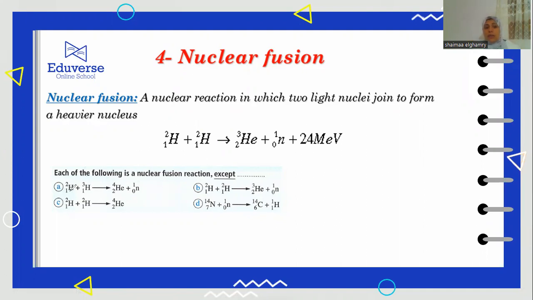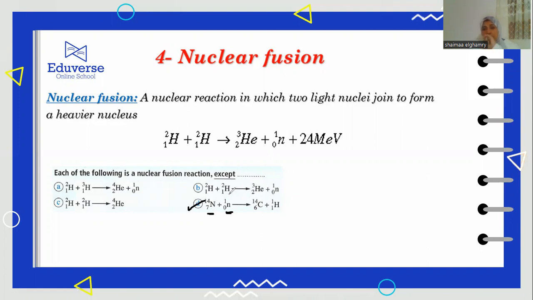So here, is it H 1 2 plus H 1 3, H 1 2 plus H 1 2, H 1 2 plus H 1 2, or N 7 14 plus N 0 1? In this one, this is fission, not fusion, because we have a heavier atom, which is nitrogen atom.